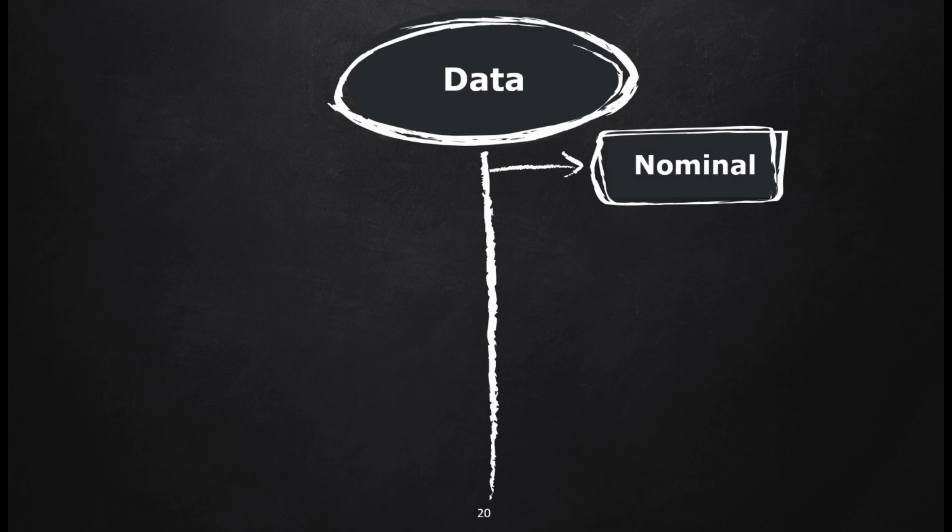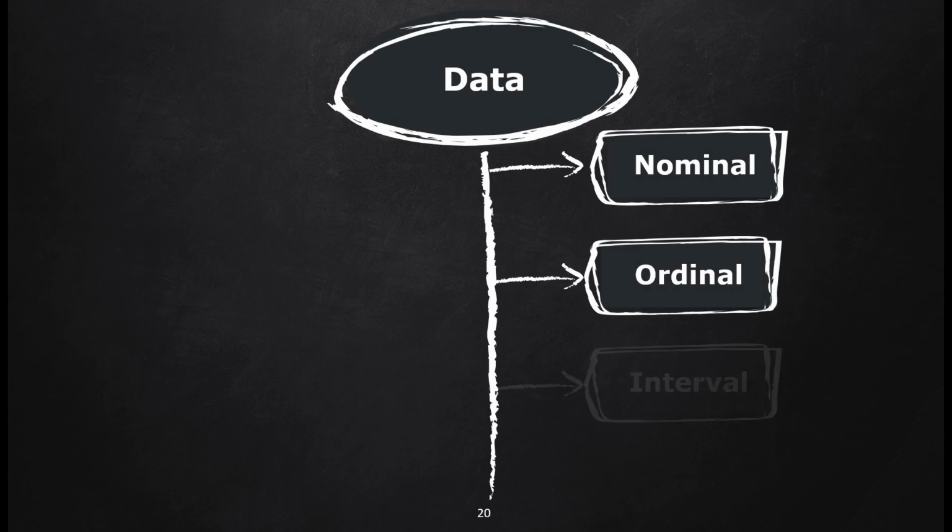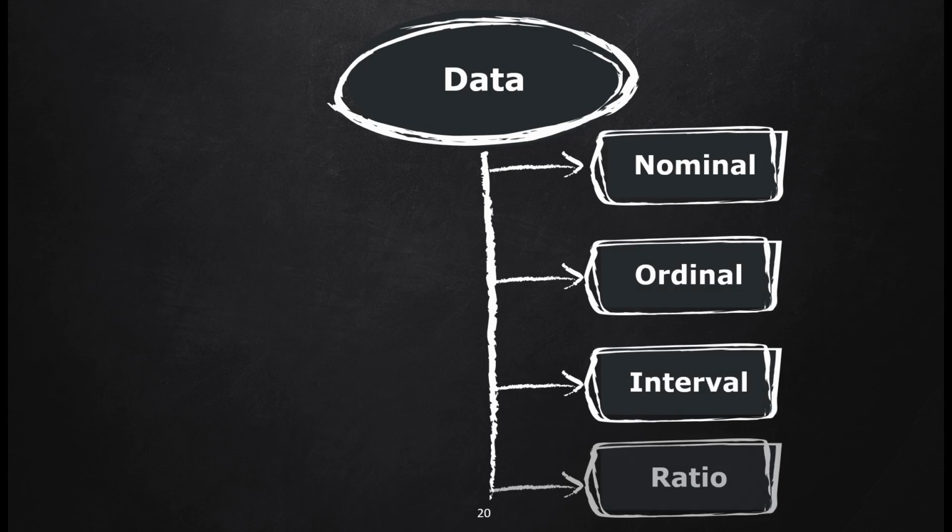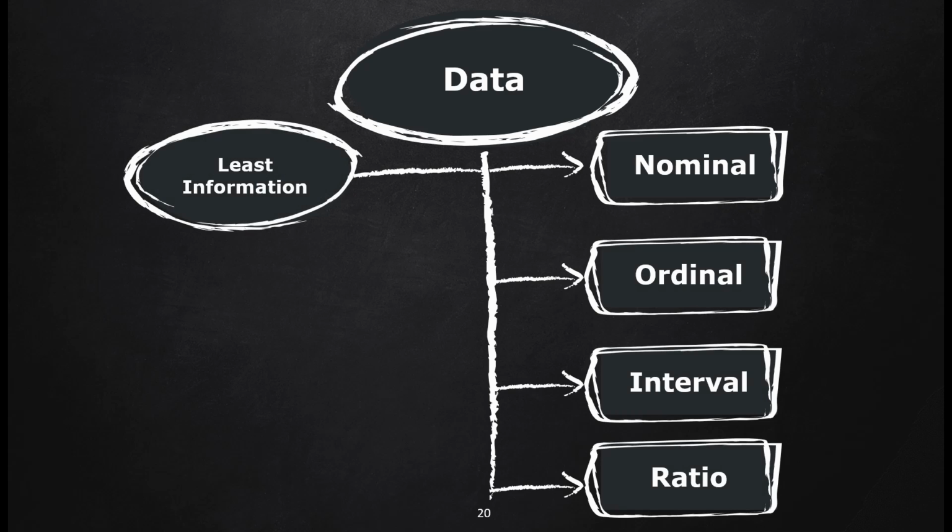I got another little diagram here that kind of summarizes what we covered. So data can be organized into the levels of measurement. We got the nominal, we got the ordinal, we got the interval, and we got the ratio. The nominal tells us the least amount of information.